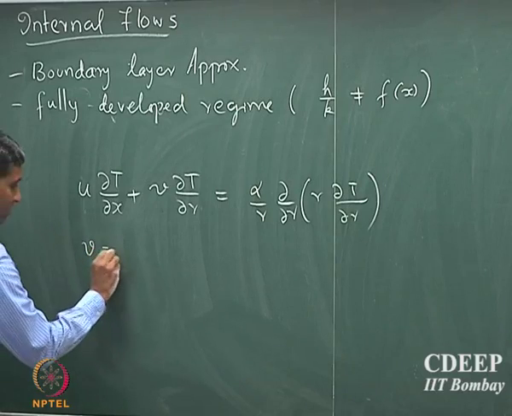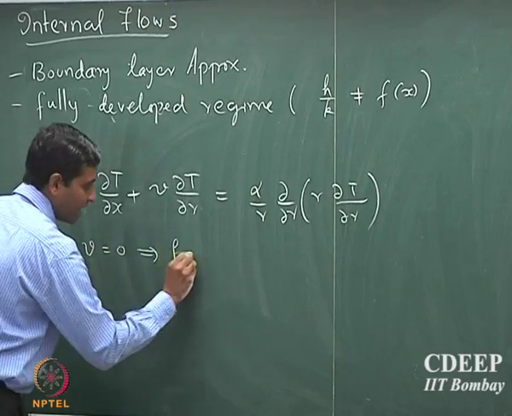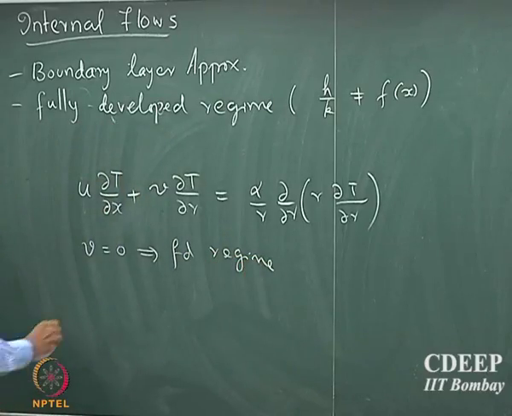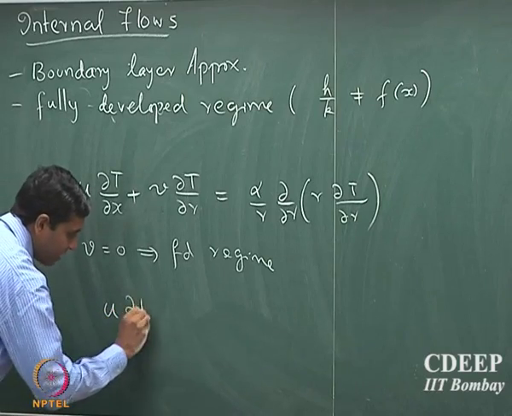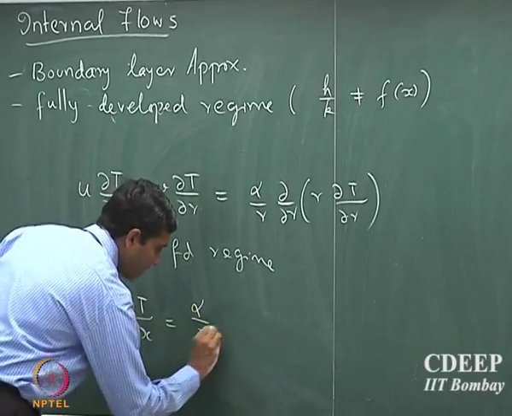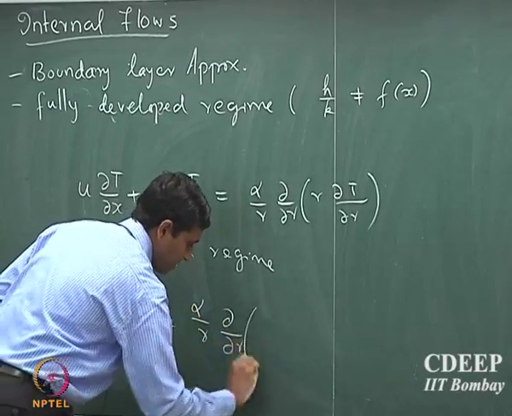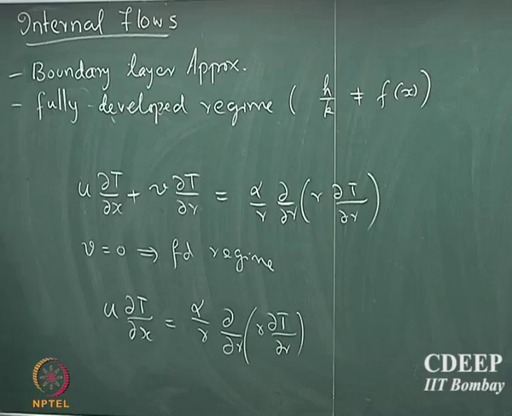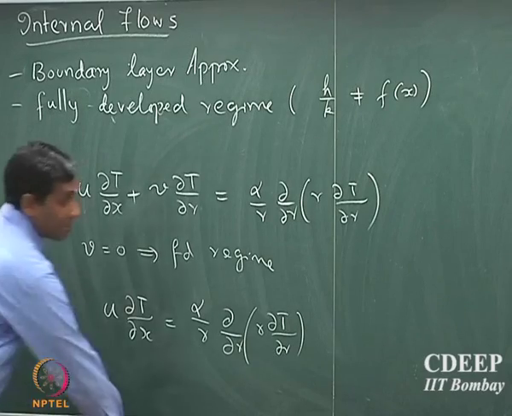So the equation essentially boils down to u dT/dx equal to alpha by r d/dr of r dT/dr. Okay.